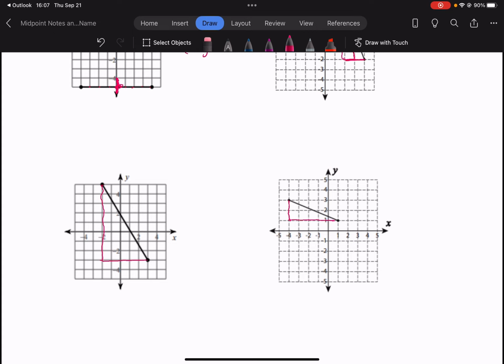So yes, I always do the x first. I always like to do the x first. 1, 2, 3, 4, 5. So once again, you have to go in the middle. When you go in the middle, you know you're going to have a 0.5. So in the middle, whoops, I'm not drawing too good.